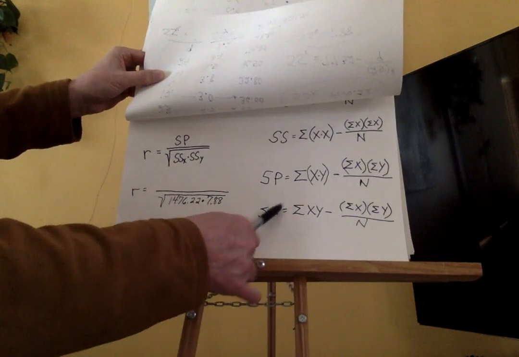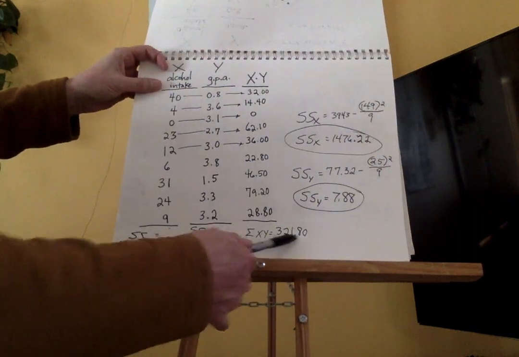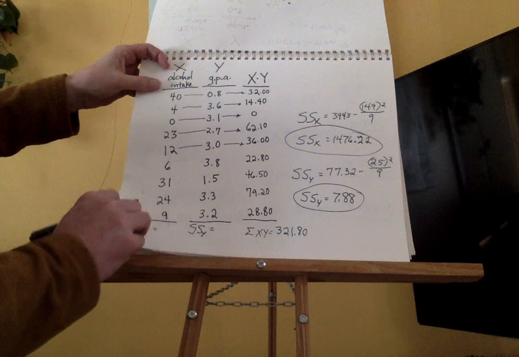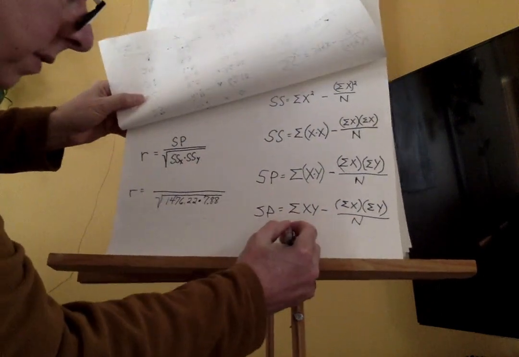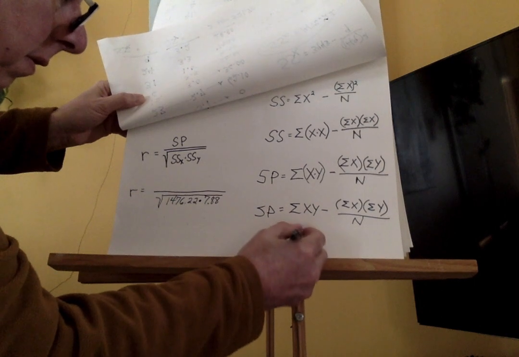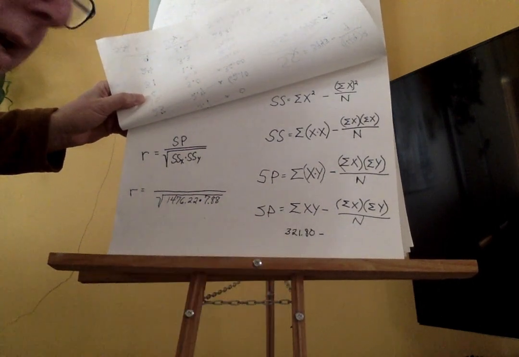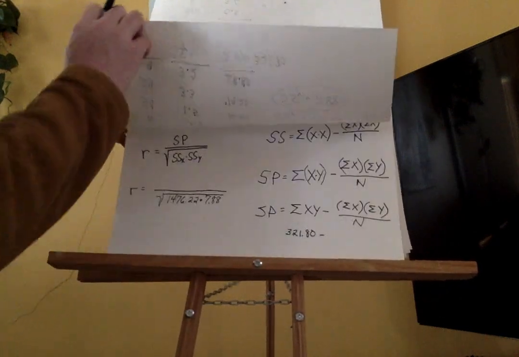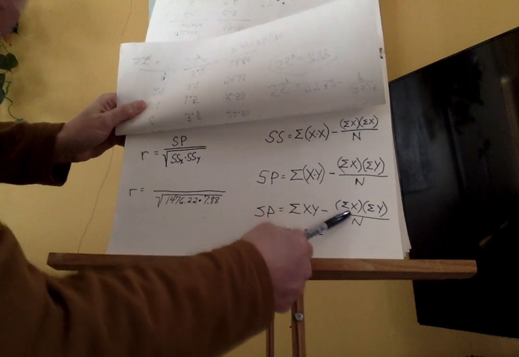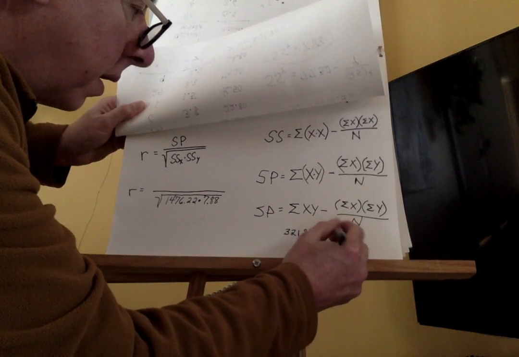Now I need to get this value. Okay. I have the sum of the x times y, 321.80. Now I need the sum of all the x's. This means sum of all the x's, right? The sum of all the x's is 149.